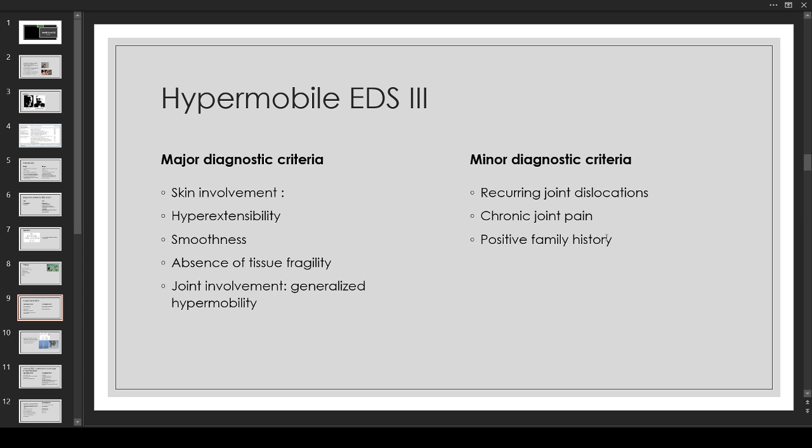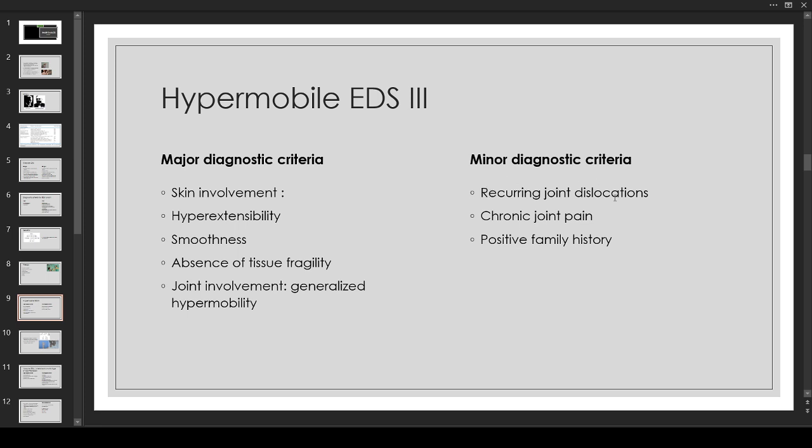Family history, we already talked about it, but joint pain cannot specifically indicate that it is an inherited abnormality, so it is a minor criterion, but the very frequent thing that should happen is the joint dislocations.